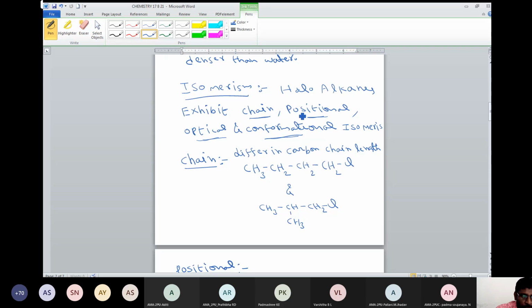Positional is due to different position of the functional group. Optical is due to the presence of a chiral carbon, an asymmetric carbon. Conformational is due to free rotation of the carbon-carbon single bond. Examples are given in the first PU, and here also examples are given. With two examples you can easily understand.